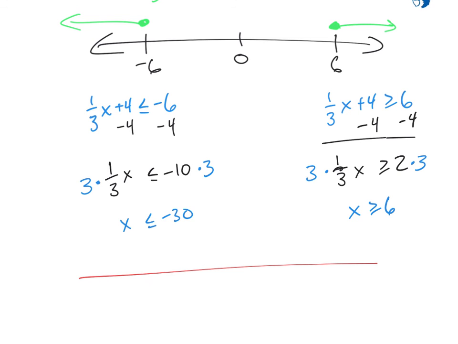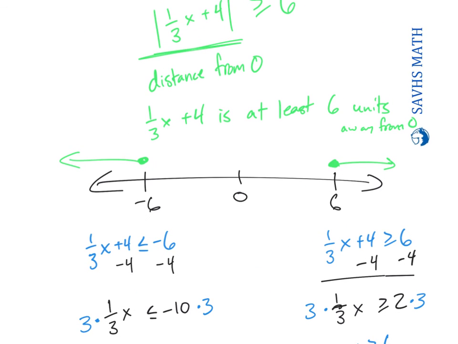Here's my new number line. Here's where -30 is. Here's where 0 is. Here's where 6 is. So x is at least 6. X is greater than or equal to 6. And x is less than or equal to -30. Okay, so I used this method up here.